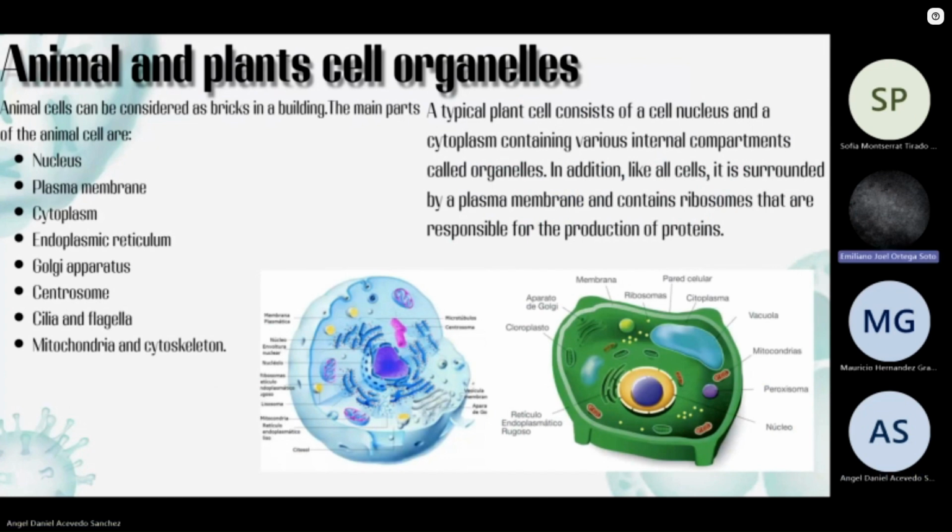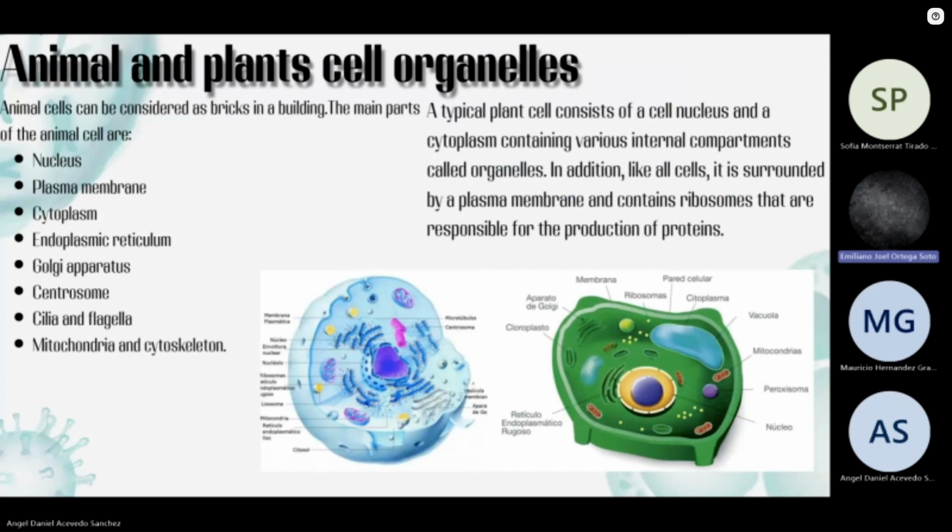For example, the animal cell is the most common one, which is considered the brick of the genetic building, and the main parts are the nucleus, the plasma membrane, the cytoplasm, the endoplasmic reticulum, the Golgi apparatus, the centrosome, the cilia and flagella, and the mitochondria and cytoskeleton.